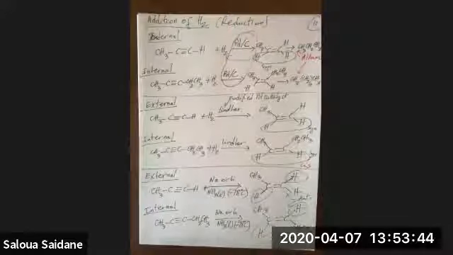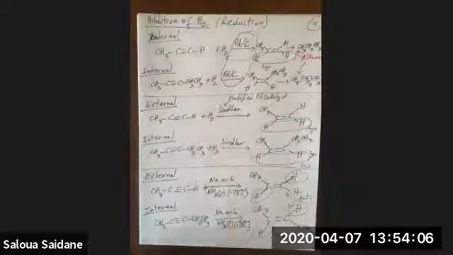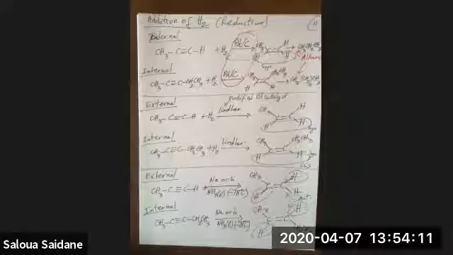We added also water in the presence of sulfuric acid. We added water in the presence of mercury. We added water, it's a hydration through hydroboration oxidation. That one produces aldehyde or ketone for an internal. And finally, we added hydrogen.